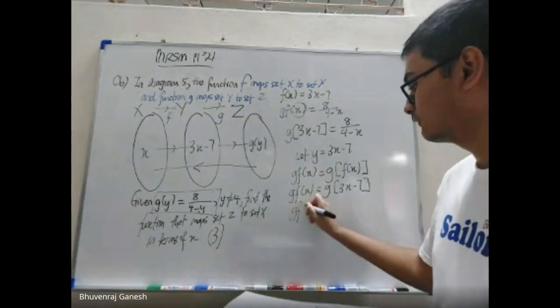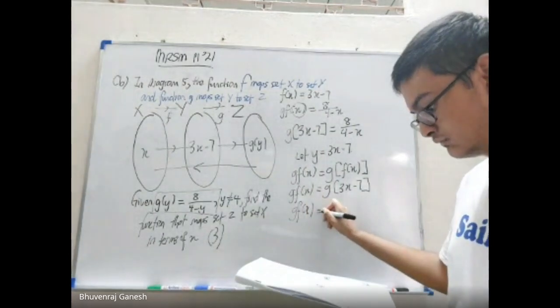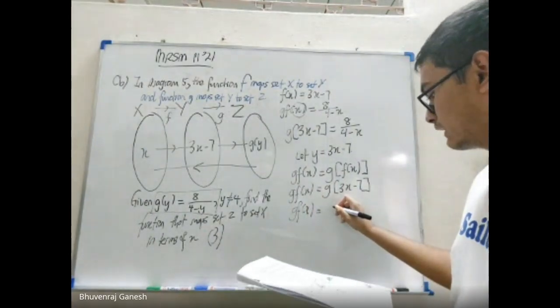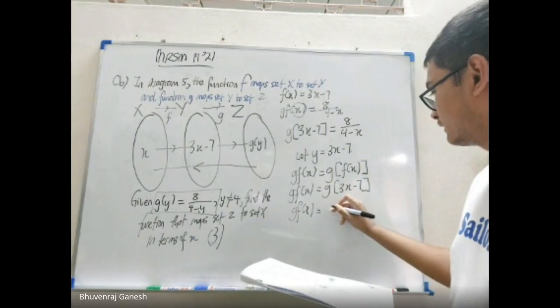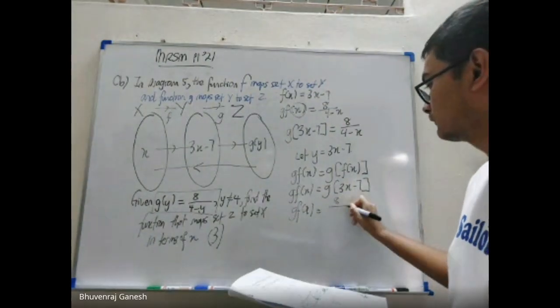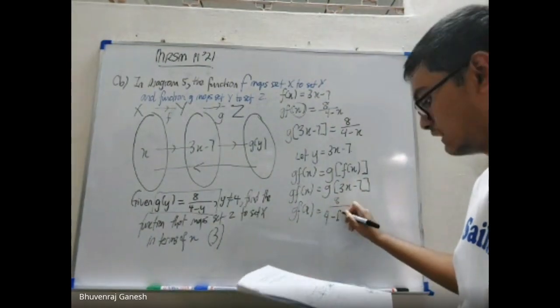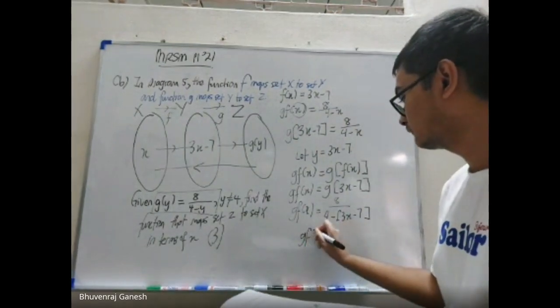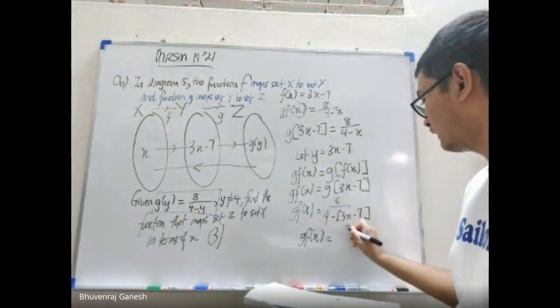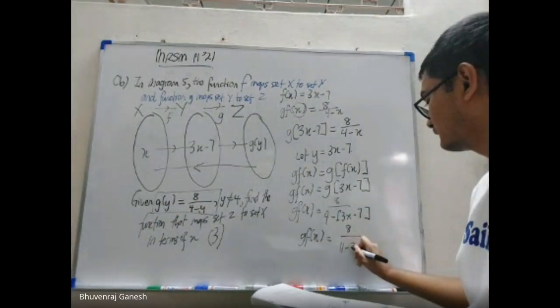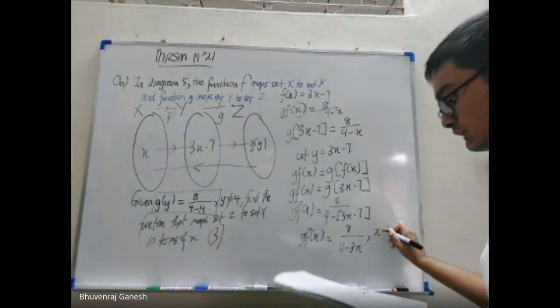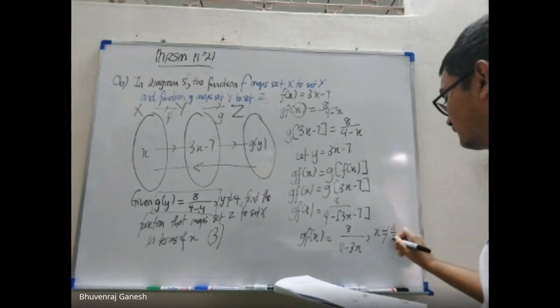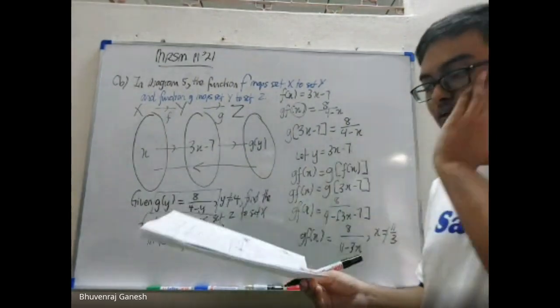So you can find your composite function already. You sub inside, you get 8 over 4 minus (3x minus 7). When you expand, you will get 8 over 11 minus 3x. And also don't forget the condition where x cannot be 11 over 3 because you don't want an undefined function.